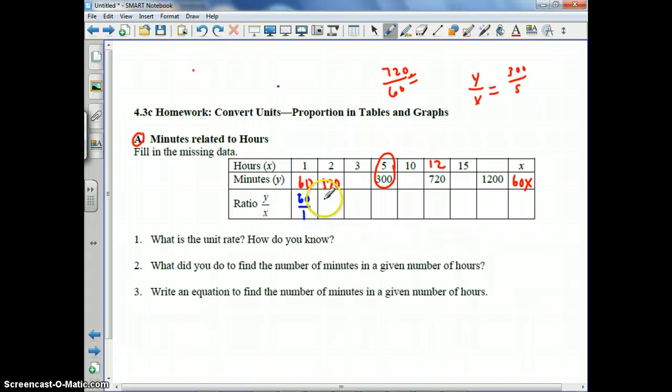What would it be here? 120. What's the x? 2. And if you divide all these, what are you going to get? 60. So what's the unit rate? 60. And we can do it as minutes per hour.